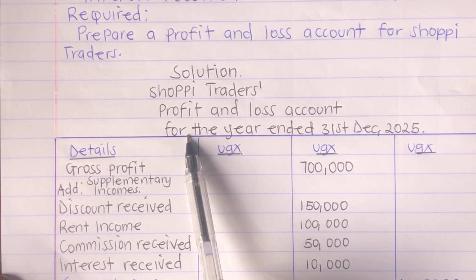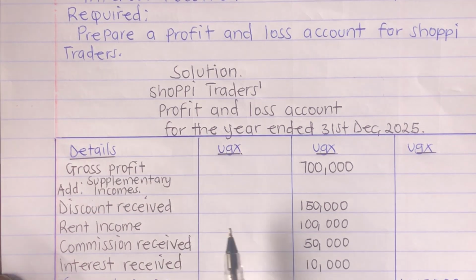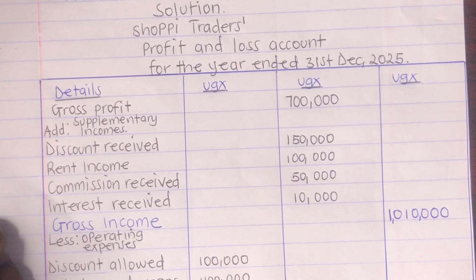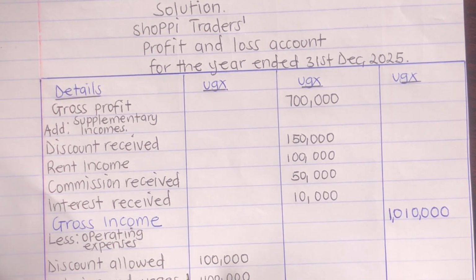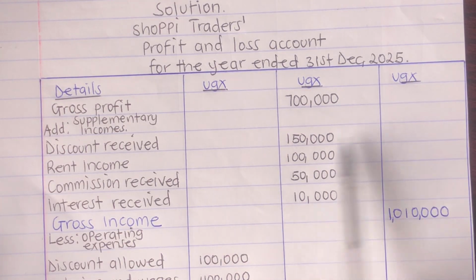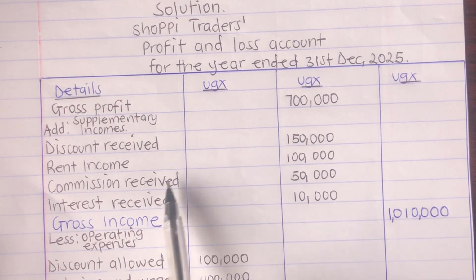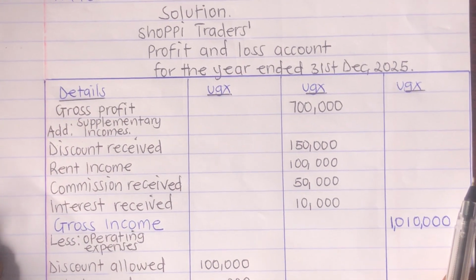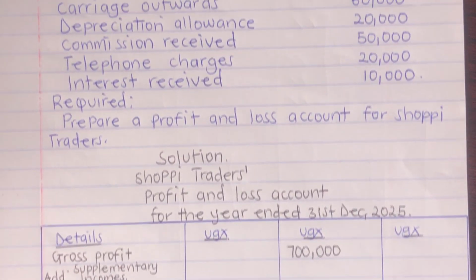So when we are preparing a profit and loss account, what we first post is gross profit. You draw your 4 columns here, and we have details, we have UGX, we have UGX there, our 4 columns. So what we post first is gross profit. In our example, we look for the gross profit.